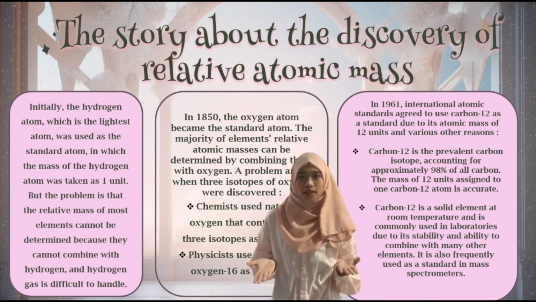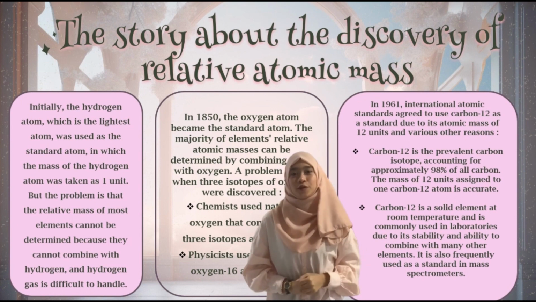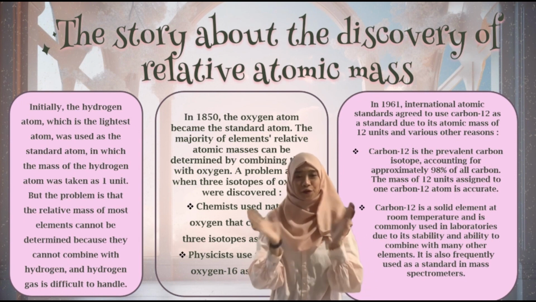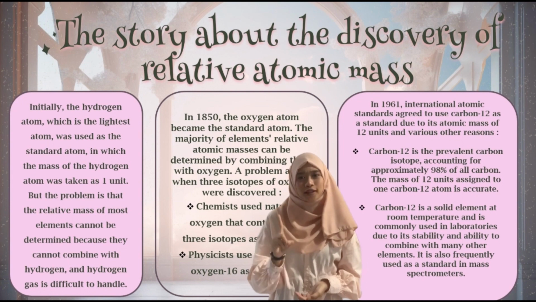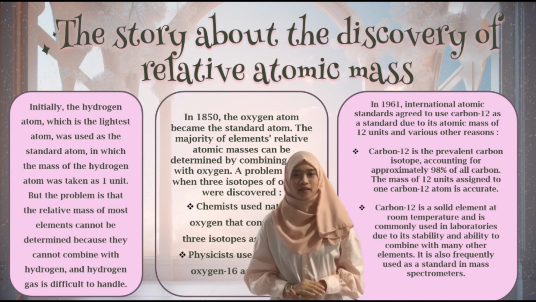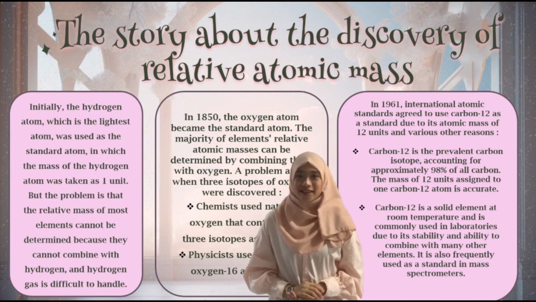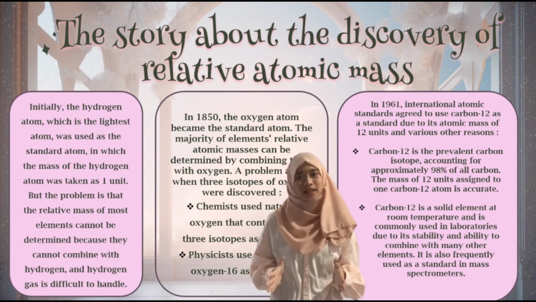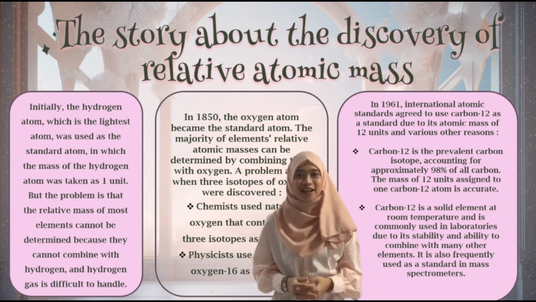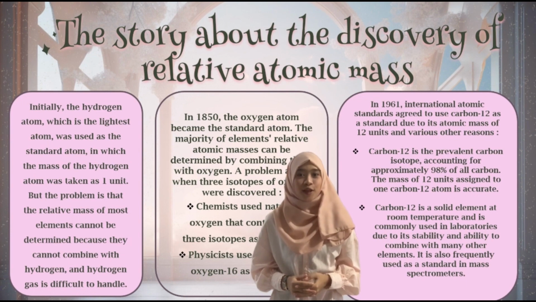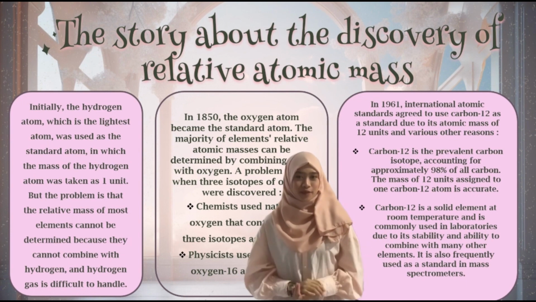So, what is the reason? Firstly, carbon-12 is the prevalent carbon isotope, accounting for approximately 98% of all carbon. The mass of 12 units assigned to 1 carbon atom is accurate. Other than that, carbon-12 is a solid element at room temperature and is commonly used in laboratories due to its stability and ability to combine with many other elements.